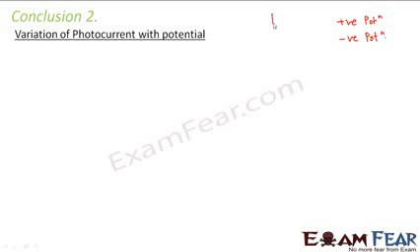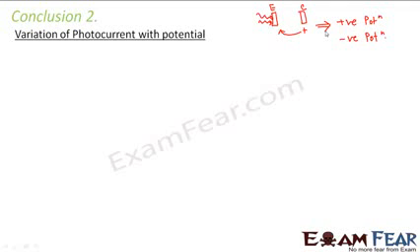What is positive potential? Positive potential is the scenario when the collector, this is my collector and this is my emitter. So this is my photosensitive plate where light is falling, and this is the collector where the electrons are coming. Now if this is positive with respect to emitter, that is positive potential.